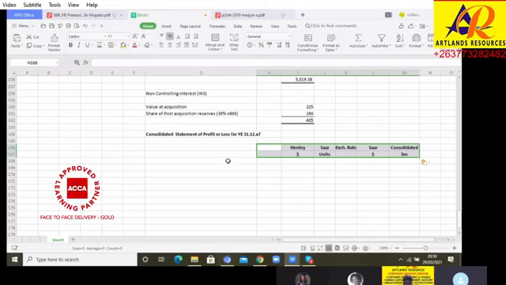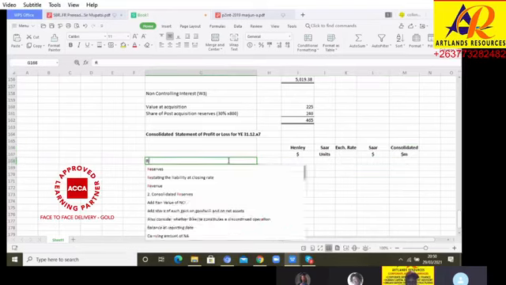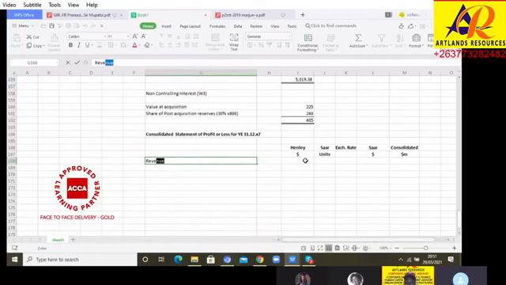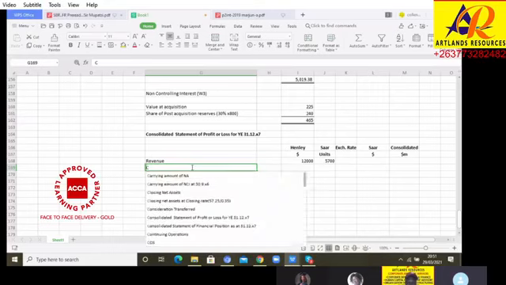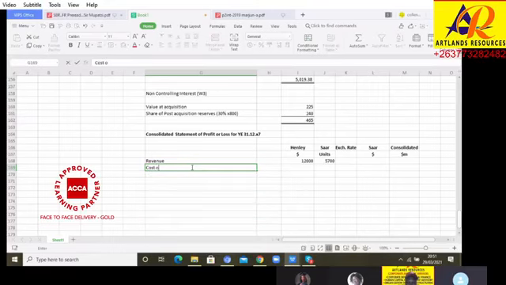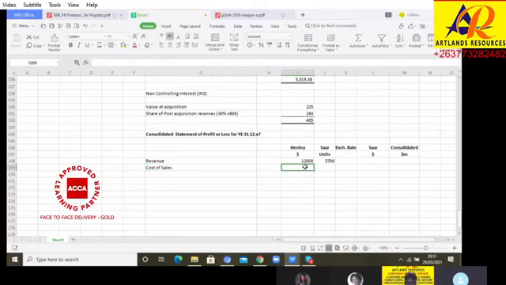Revenue 12,000, and then 5,700. Correct. Cost of sales 7,000, and 2,470. And then gross profit.